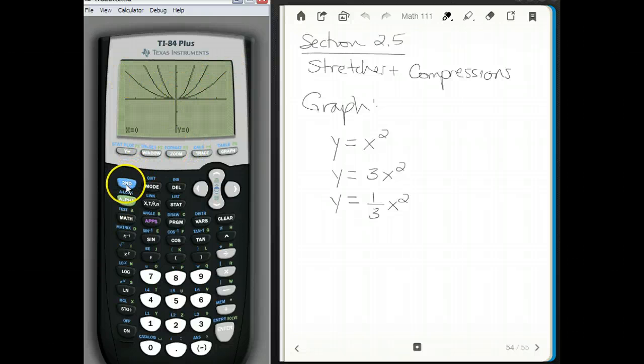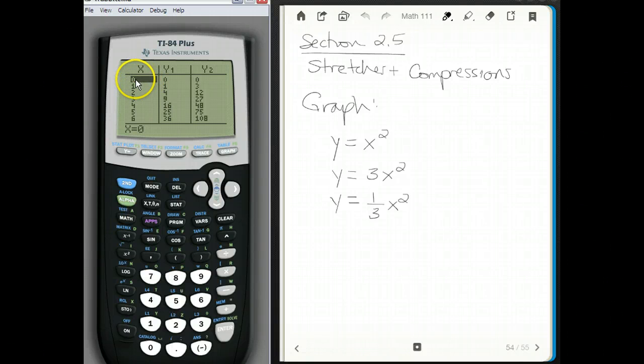Well, we might get a little bit of intuition about what's happening here if we go to table. So see this table command right up here above the graph key. If I hit second table, this takes me to a table presentation of ordered pairs of numbers that satisfy the equations.